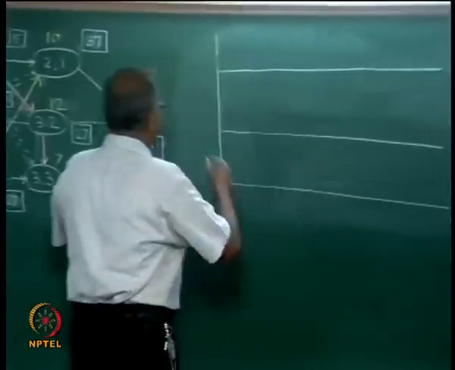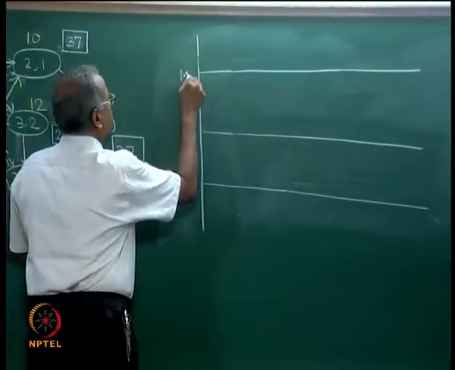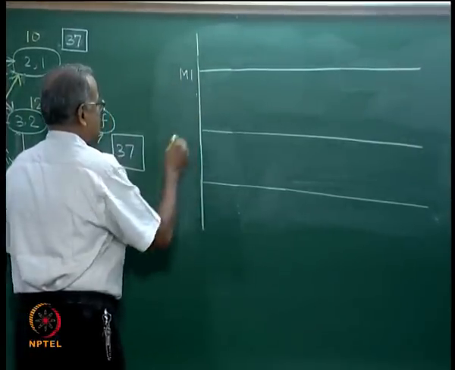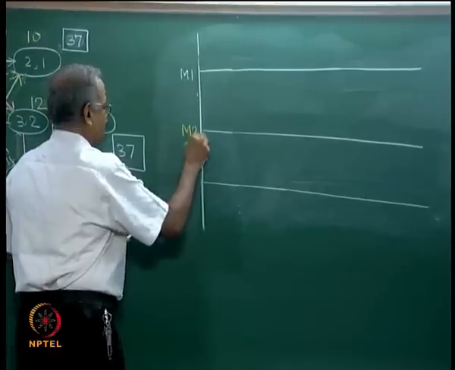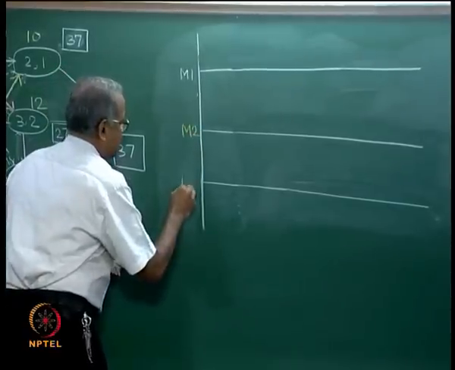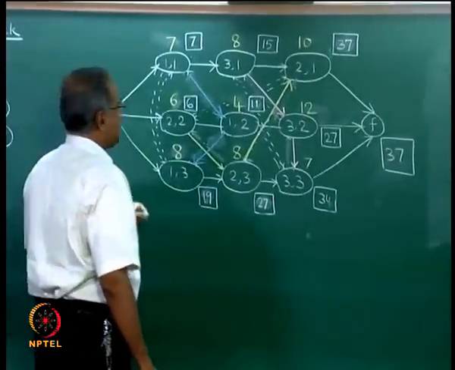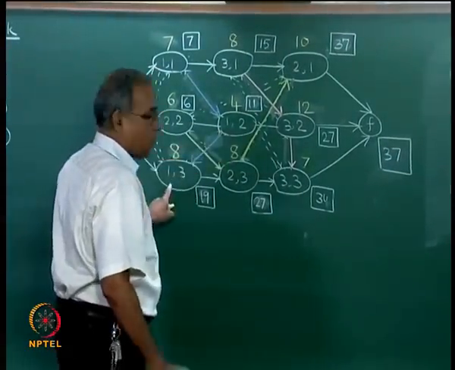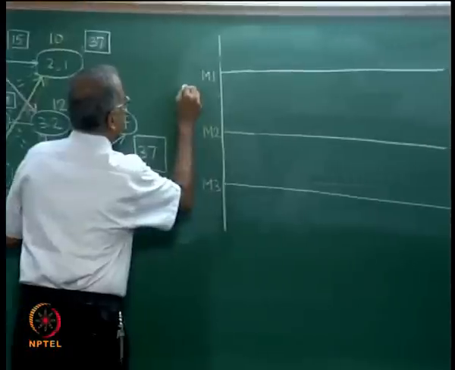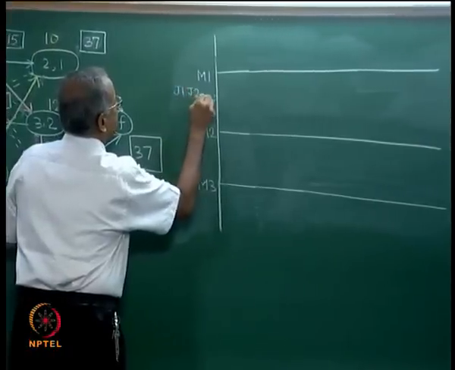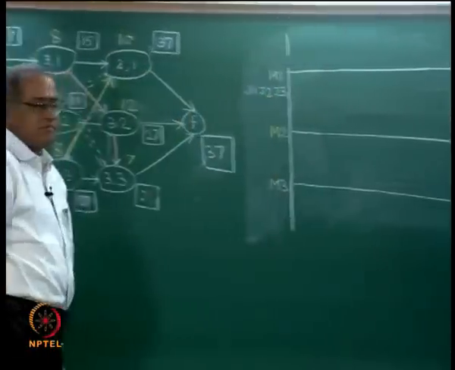On the Gantt chart, this will be M1, this is M2, and this is M3. So, the sequence on M1 comes from this: 1 1, 1 2 and 1 3. So, the sequence is J1, J2, J3.